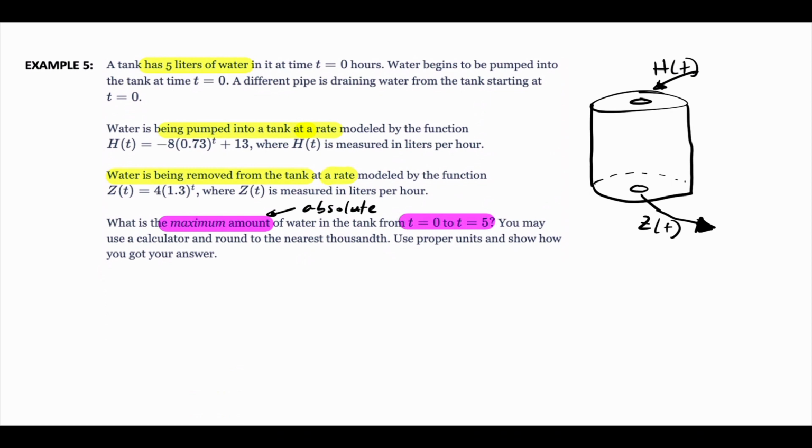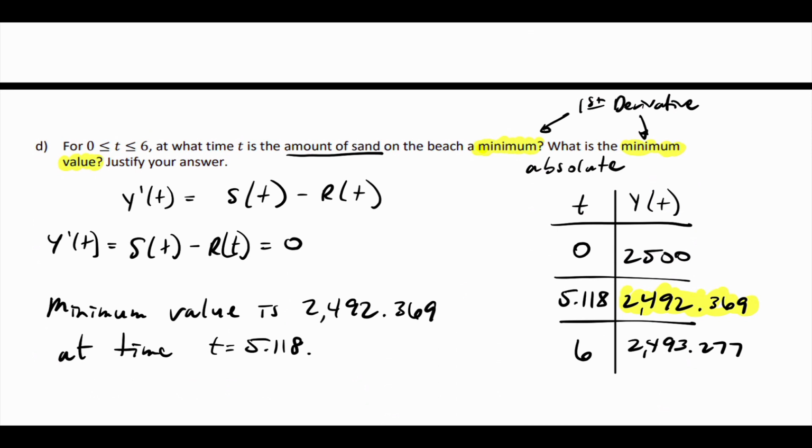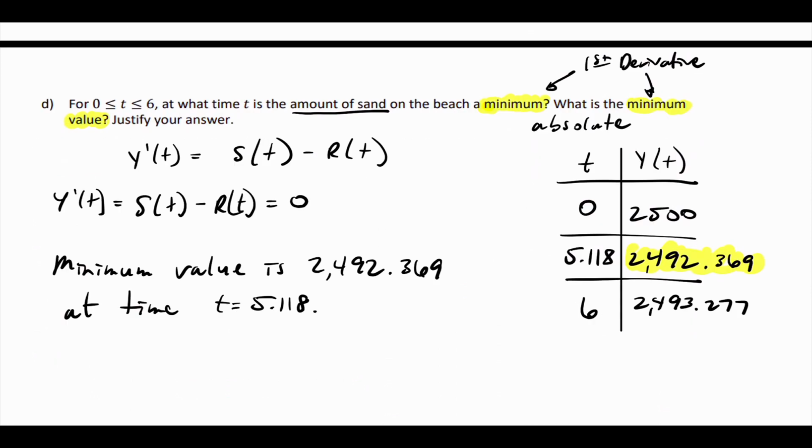They give us a rate going in and a rate going out. That's what we had for this one right here. We had a rate going in, a rate coming out. So what did we do? Well, the first thing we did was find the first derivative for the total amount.